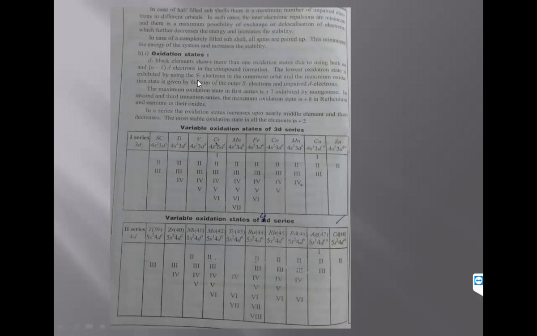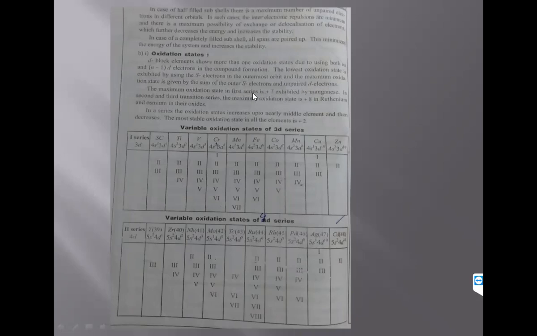The reason is these elements use both ns and (n-1)d electrons in compound formation. The lowest oxidation state is exhibited by using s electrons in the outermost orbit, and the maximum oxidation state is given by the sum of the outer s electrons and unpaired d electrons.